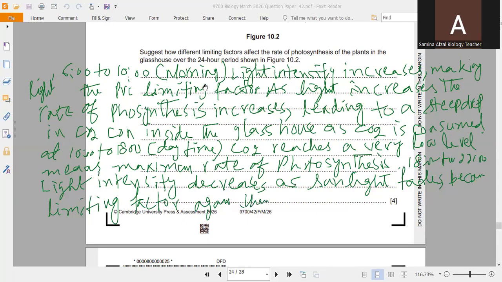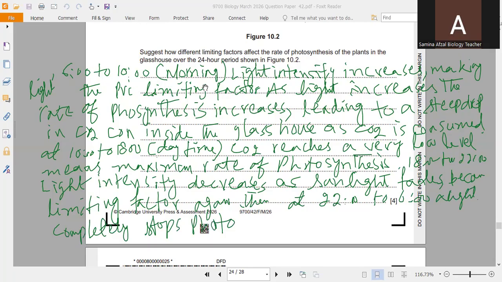Then at 22 to 6, which can be the night, it completely stops photosynthesis.